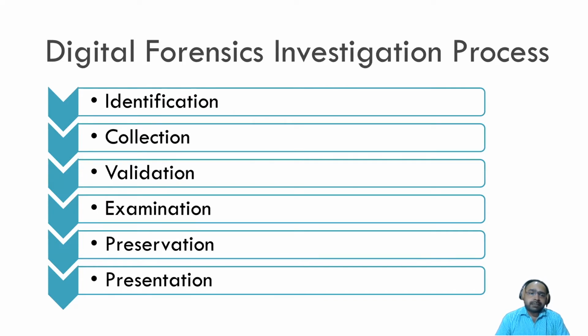Now these are the 6 steps which an investigating officer must follow whenever investigating a digital crime. The first one is identification, second is collection, third is validation, fourth is examination, fifth is preservation, and finally the presentation. In the identification step, the investigating officer will visit the crime scene, the crime location, and identify the different objects to be seized.